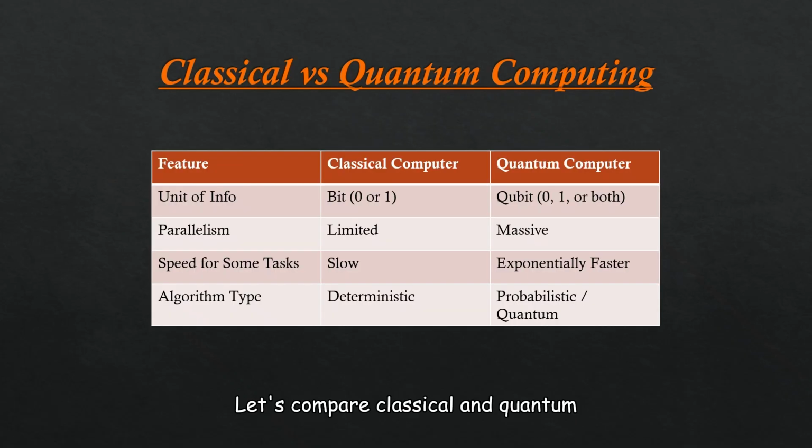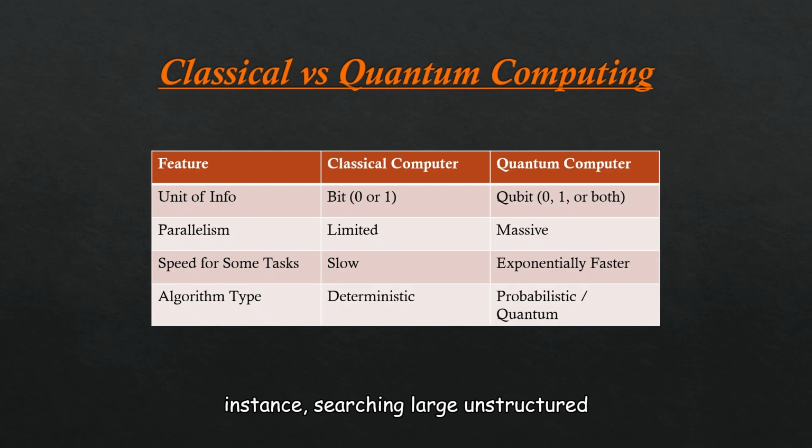Let's compare classical and quantum computers side by side. First, the building blocks. Classical computers use bits, either 0 or 1. Quantum computers use qubits, which can be in both states at once. This allows quantum computers to operate with a level of parallelism that classical systems simply can't match. That's why they hold promise for solving problems that would take classical supercomputers centuries.